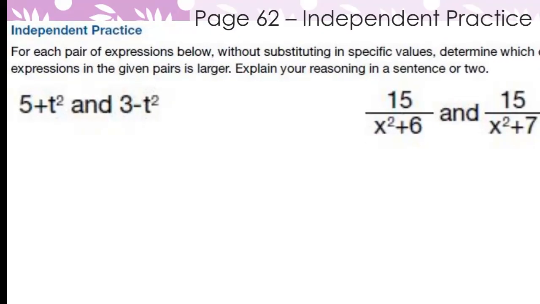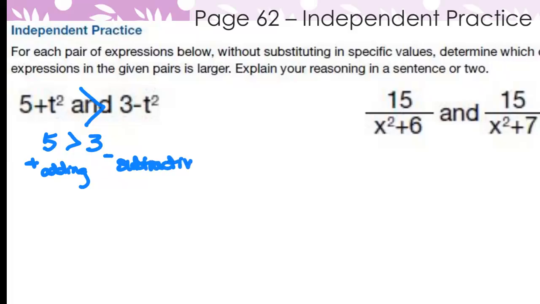If I am looking at 5 plus t squared and 3 minus t squared, Chris, which one of those is going to be bigger? Okay, and why? Because 5 is greater than 3, and adding is going to be greater than 3 subtracting something behind it.